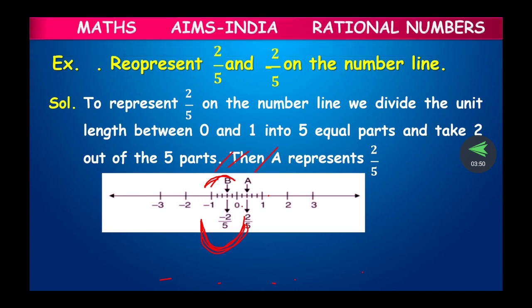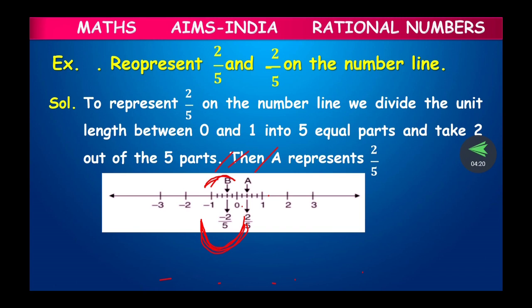It's very simple, children. 2 by 5 we have to represent on a number line. So what we will do? From 0 to 1, because 2 by 5, as we have told already, the p value 2 is less than the q value 5, so its value is always less than 1.